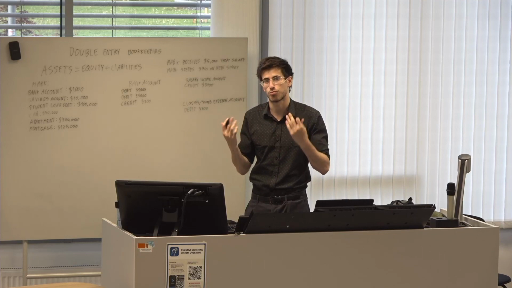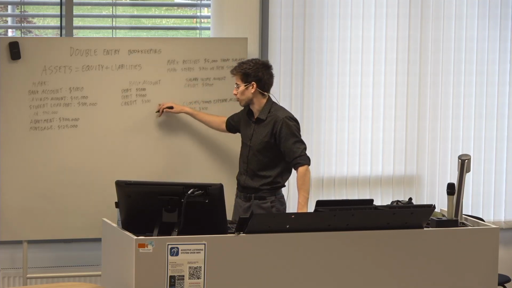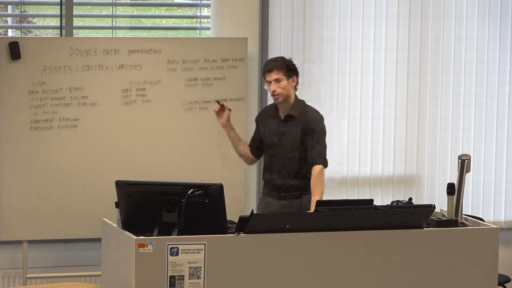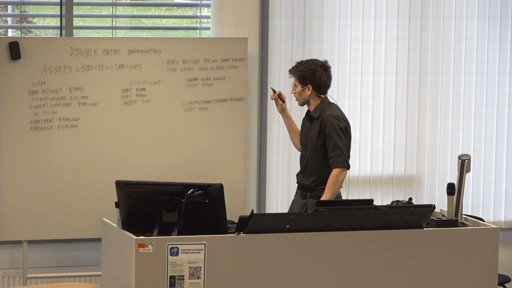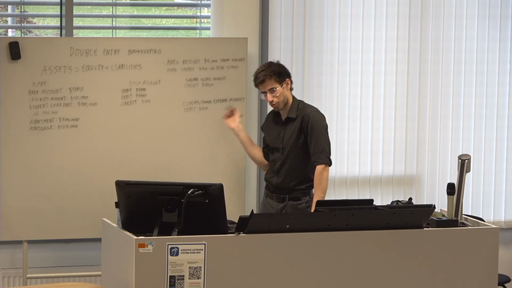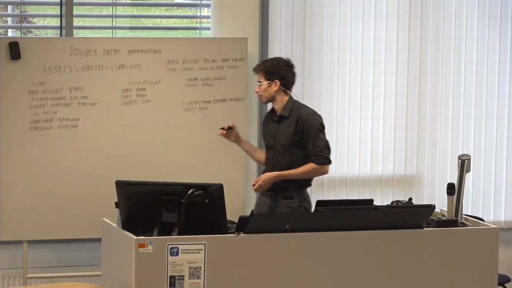So at the end of each month, what you want to do is calculate the total debits and the total credits in each account, and then you subtract the credit from the debit, or debit from credit, depending on the type of account that it is.